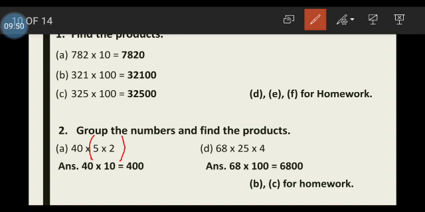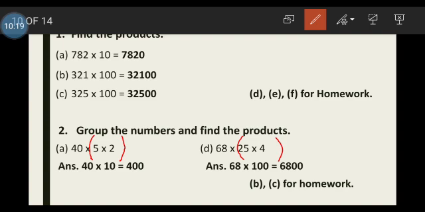The B and the C parts are for the homework and the D part is done here for you. With the video you will do the D part and then you will do the C and the B part as the homework. Here I will group 25 and 4. 25 multiplied by 4, you can do it in the rough column, in the rough copy.